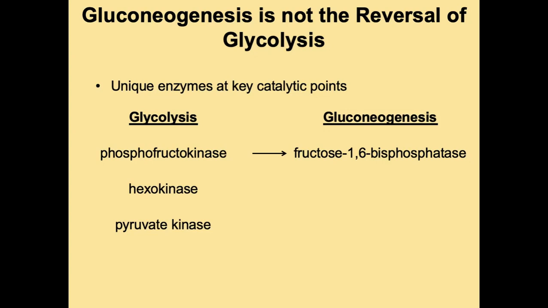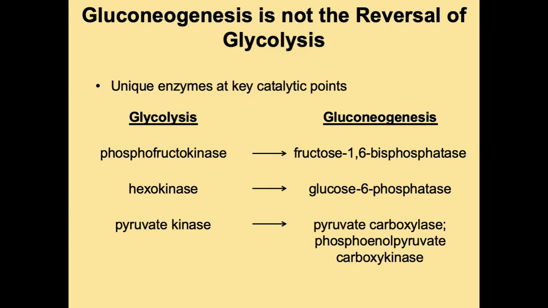So for phosphofructokinase, its counterpart in gluconeogenesis is called fructose 1,6-bisphosphatase. For hexokinase, we have glucose 6-phosphatase, and pyruvate kinase has 2 enzymes that are required for the conversion at that point, and they're called pyruvate carboxylase and phosphoenolpyruvate carboxykinase.